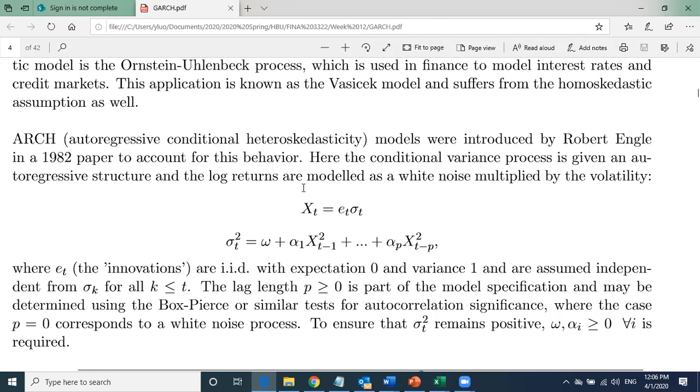His contribution is that the volatility is associated with the previous returns, x squared t minus 1 through t minus p. They give different weights, and it is the sum of the previous days' returns squared.